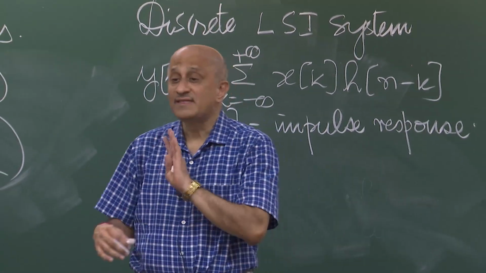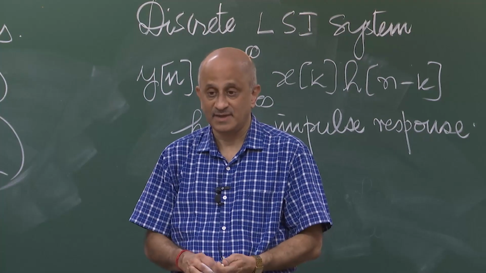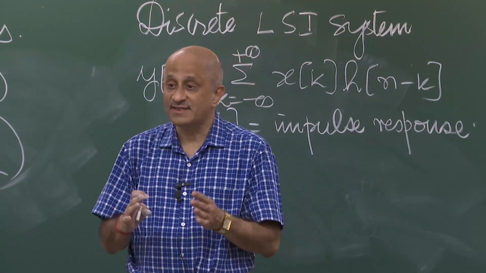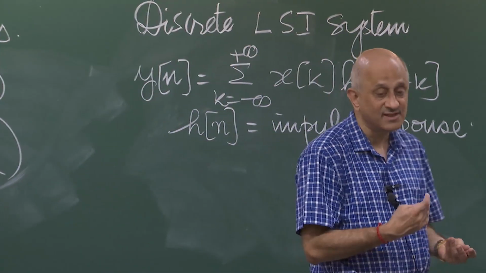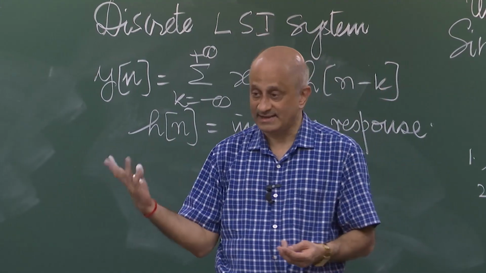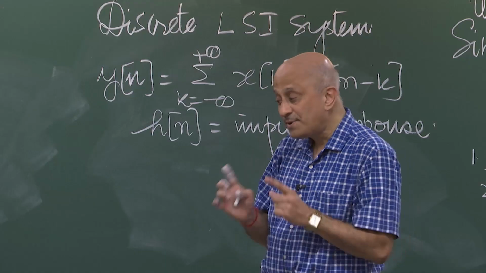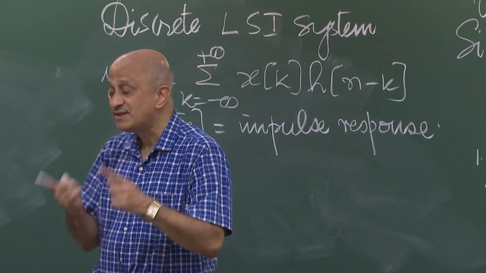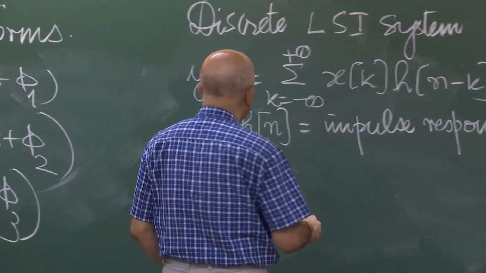Now, you can also look at the same operation or the same relationship in a different light. We could think of x and h, both of them are sequences, right. X is a sequence, that means a discrete signal, and so is h. Both of them are discrete sequences. This is an operation between two sequences to result in an output sequence, and we know the name of the operation is called convolution.